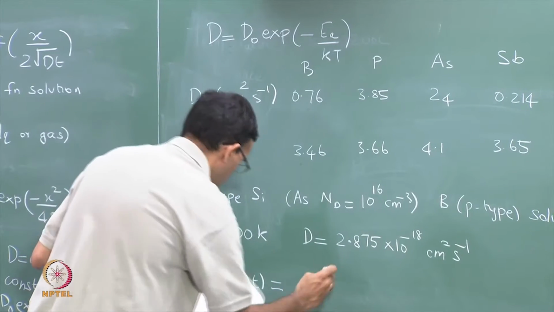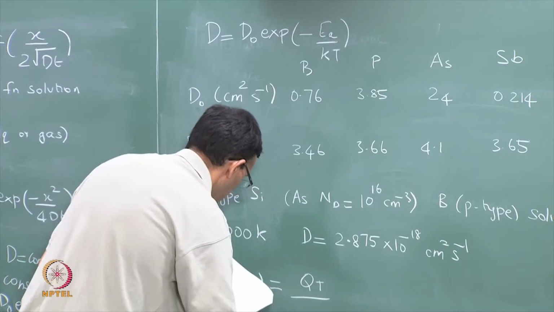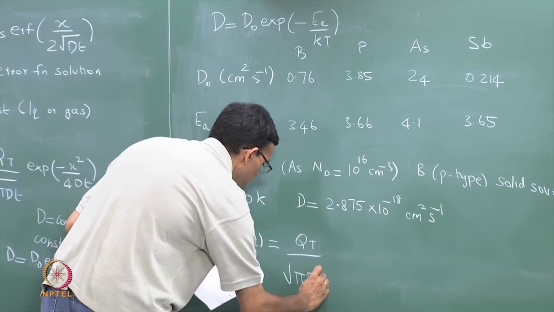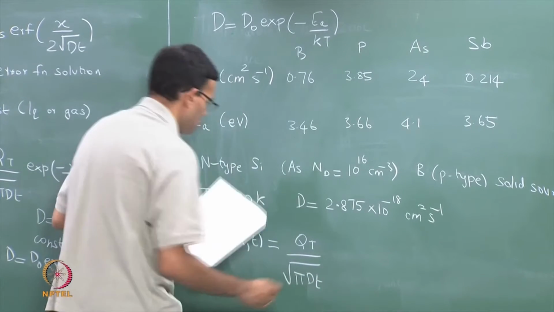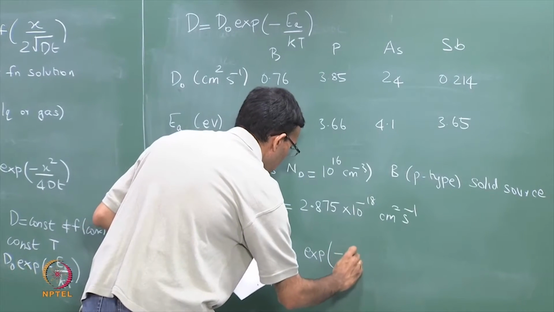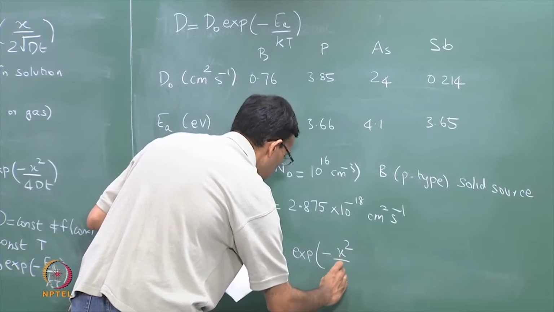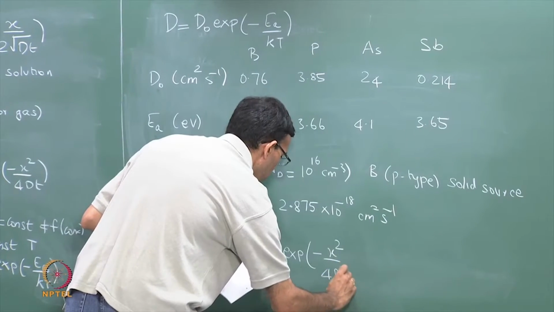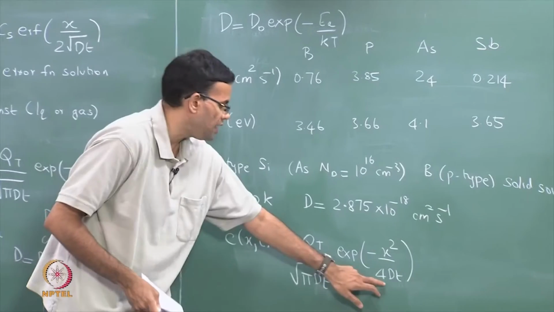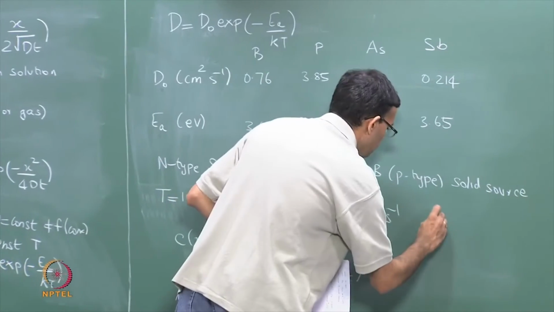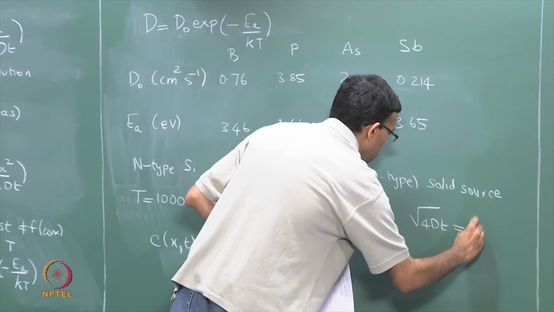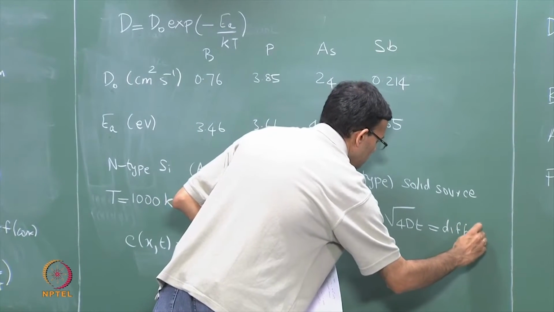So the expression is C of x is nothing but Qt over square root of pi Dt, exponential minus x square over 4Dt. This term, square root of 4Dt, is usually called the diffusion length.